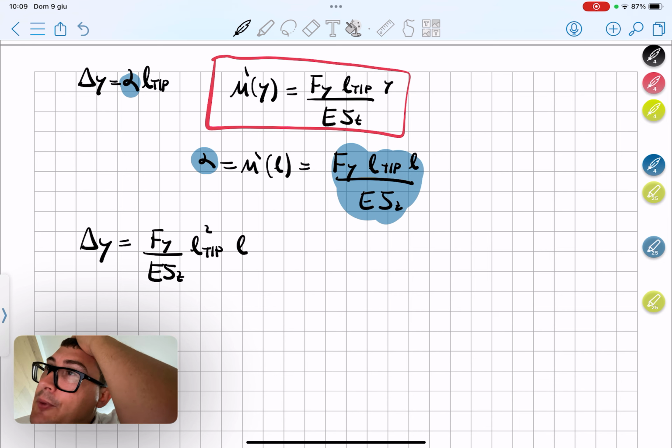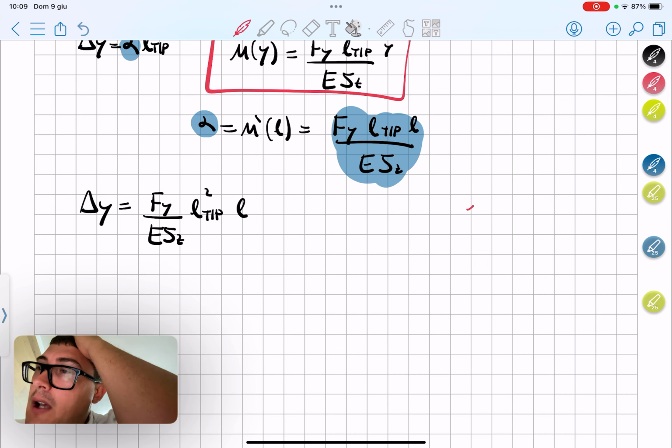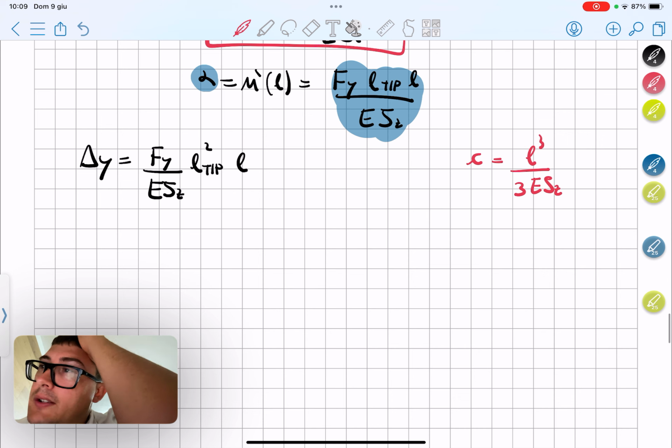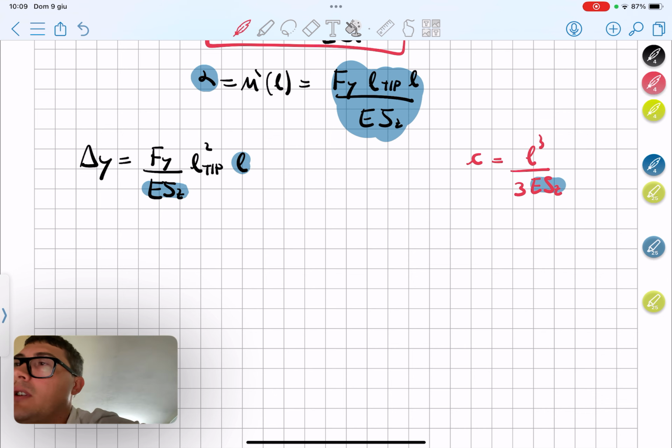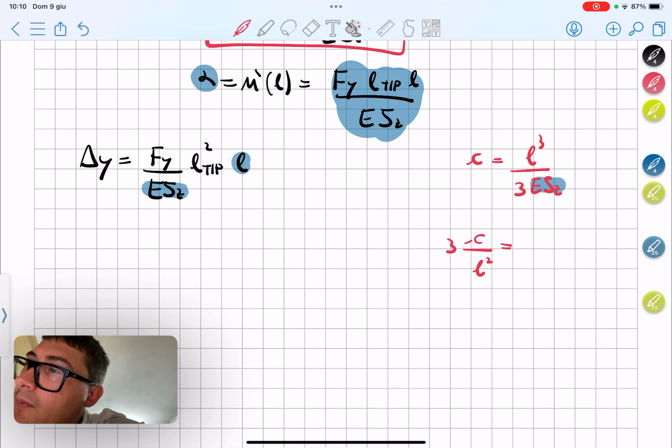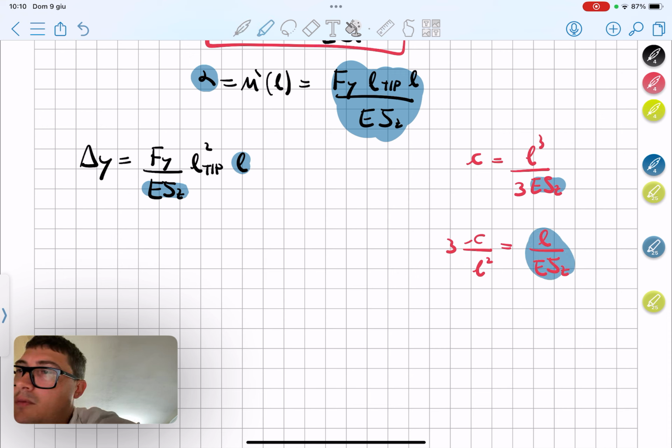Now again the same trick. We need to insert our C, which is L cubed divided by 3EJz. And I notice that in here I have EJz, which is good, but we need L, so I rearrange the term here, so C over L cubed, 3, and this is L over EJz, which is what I have.